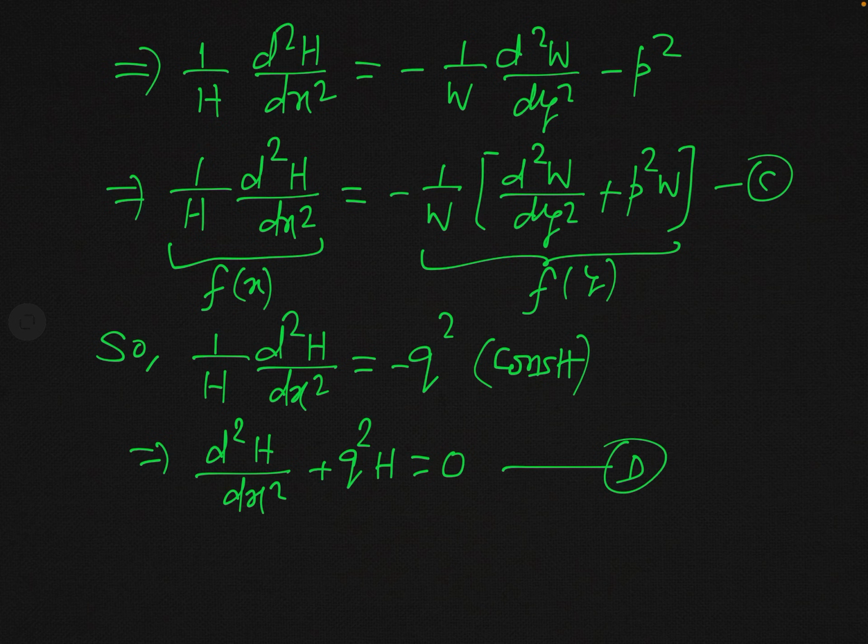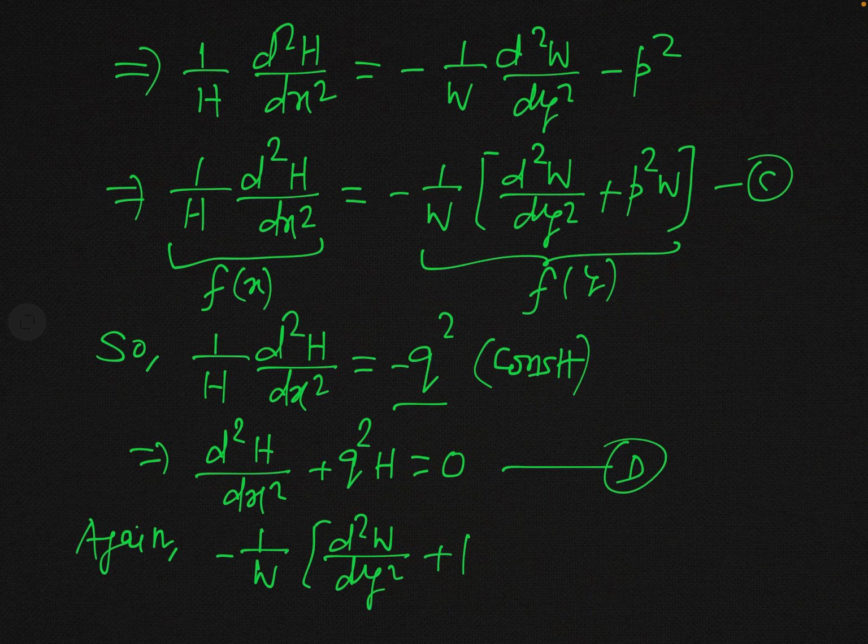So this is an equation in terms of h. Now again the RHS of this equation C will also be equal to the same constant, minus q square. So again you can say that minus 1 over w d2w by dy square plus p square w is equal to minus q square.